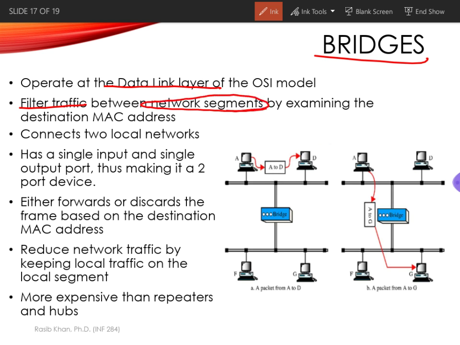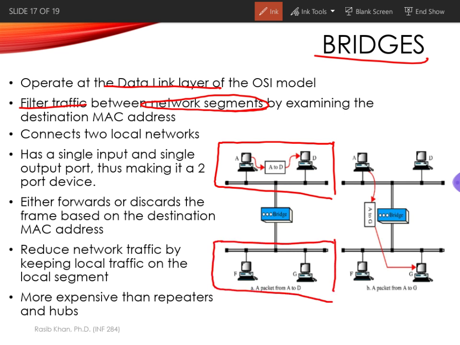So a network segment is referred to as a small sub-network that exists within a larger network. So you may have two small networks in your institution, and the two networks can then be connected using a bridge.